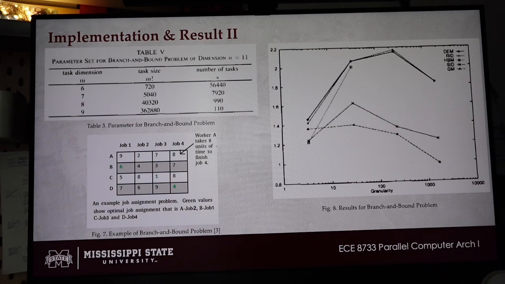They try to find out, for example, for worker A, which job performs the best. In figure A, as we can see, the result is very similar to result 1. The DEM and RID outperform all the other strategies.